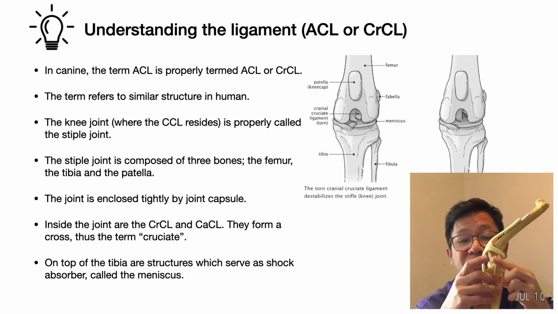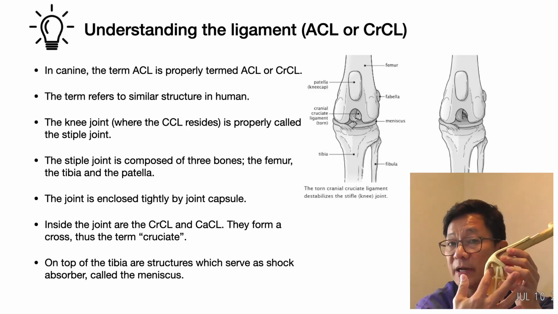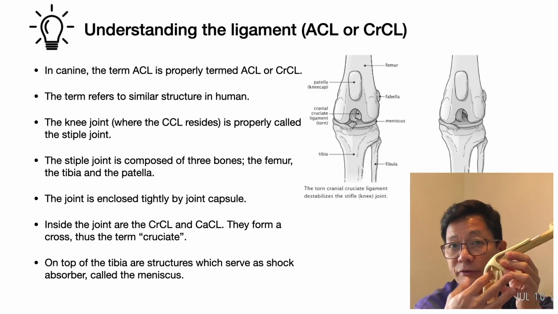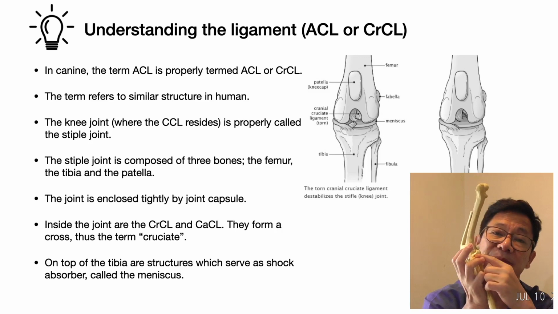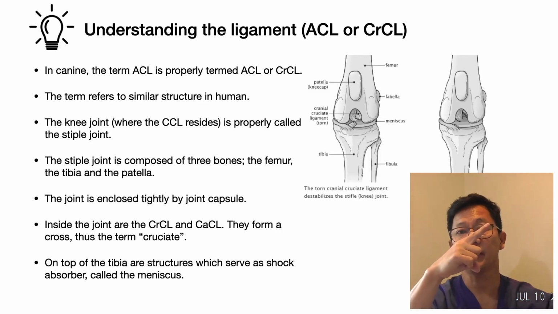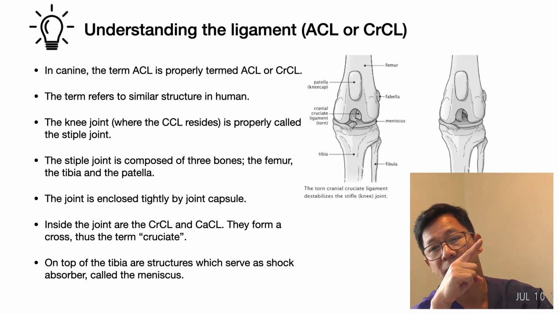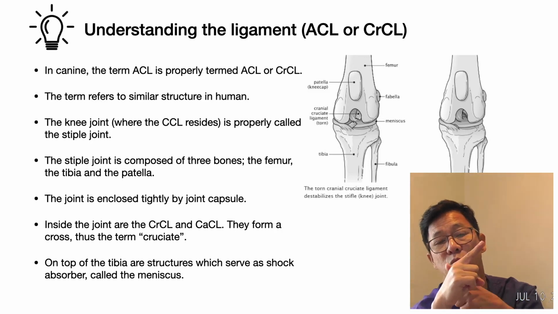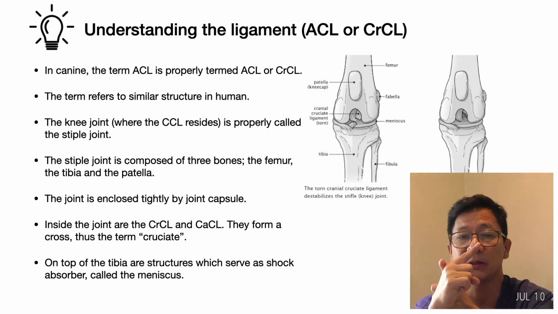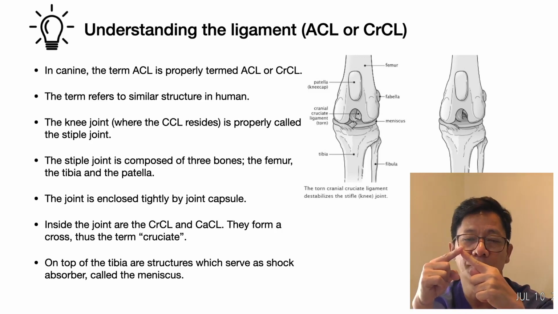The caudal cruciate naman is from the cranial aspect of the condyle towards the caudal aspect of the tibial plateau. So it's like a cross. If it's the cranial cruciate from the caudal aspect of the femoral condyle towards the cranial of the tibial plateau, and then the caudal cruciate naman is from the cranial condyle of the femur towards the caudal of the tibial plateau.